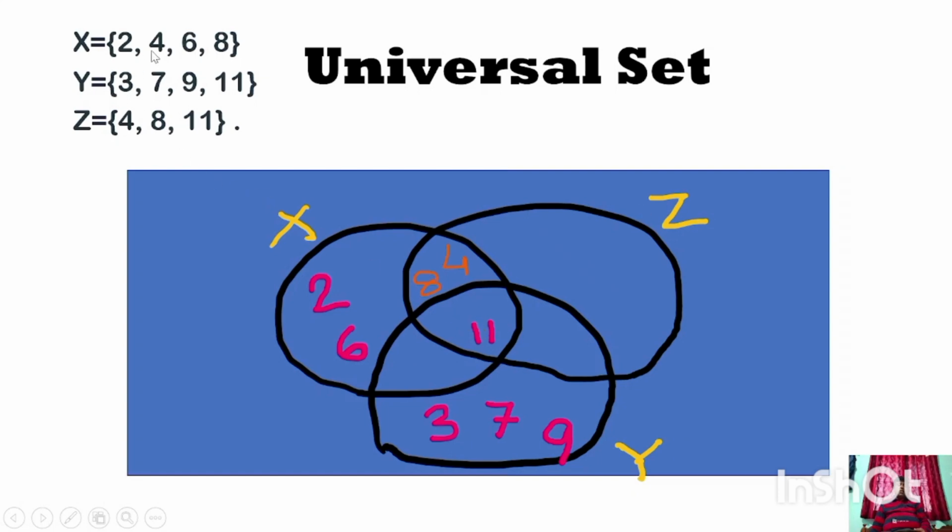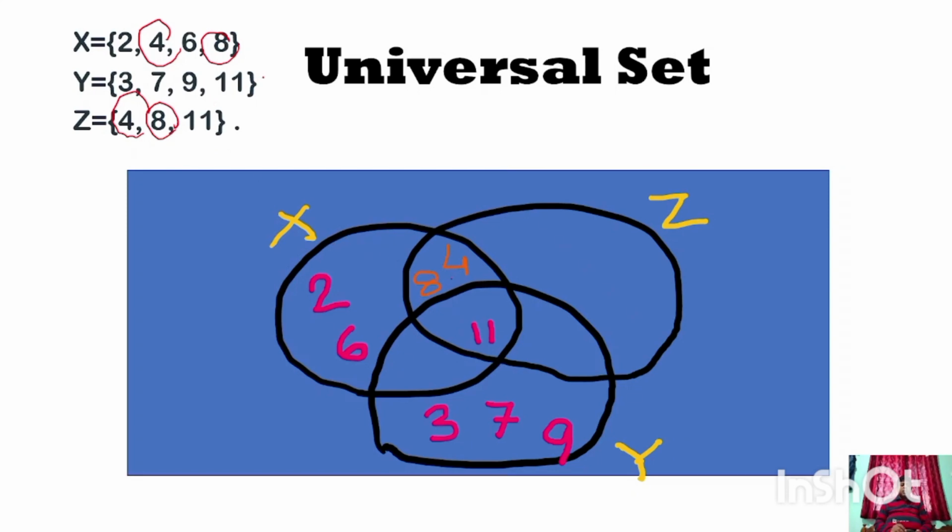X and Z, what are the common elements? Here 4 is an element of the set X, and also 4 is an element of the set Z. Similarly, 8 is an element of the set X and 8 is also an element of the set Z. That's why you see 8 and 4 written as overlapping elements, common elements of the sets X and Z.